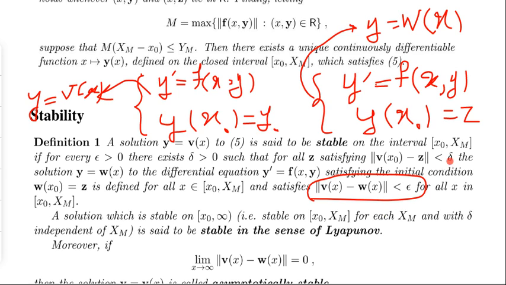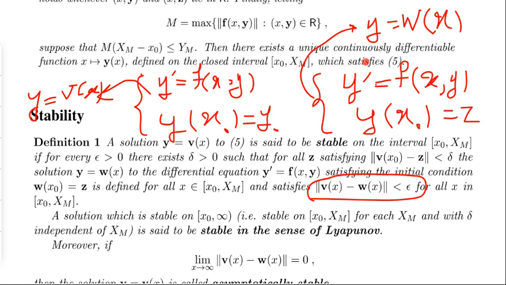Here both of the values delta and epsilon will be small values. In other words, based on this definition, if we have some small changes in our initial condition, it will result in a small change in our solution.